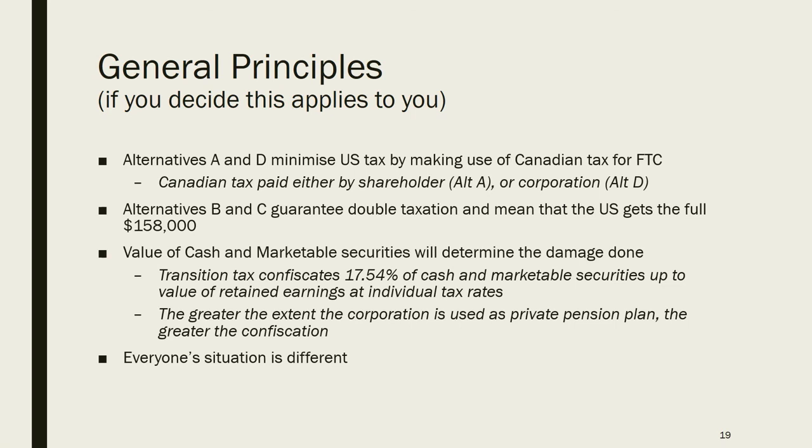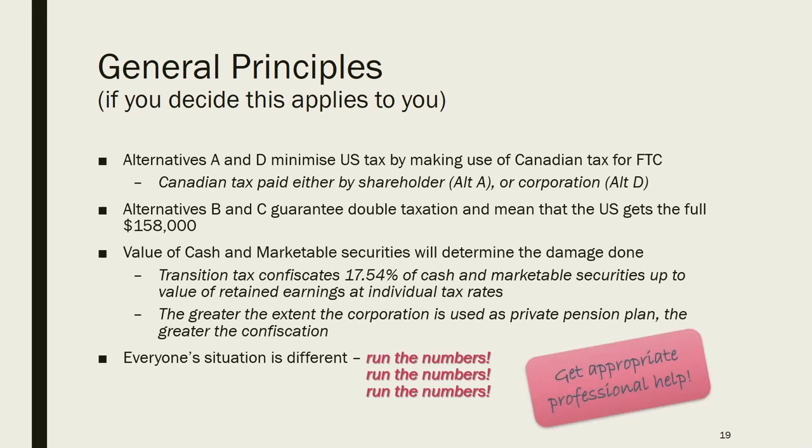Not relative to the rest of your balance sheet, but relative to your deferred foreign income. Everyone's situation is different. We had to make a ton of assumptions to get to these simple numbers. So if you're going to put this on a real tax return, you've got to run the numbers as many times as needed and get appropriate professional help.